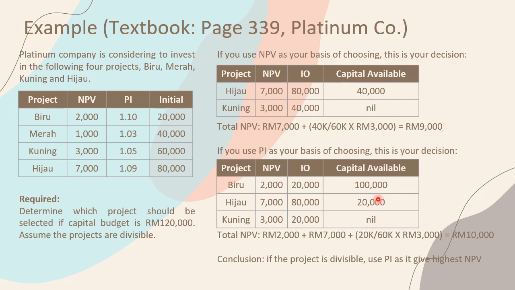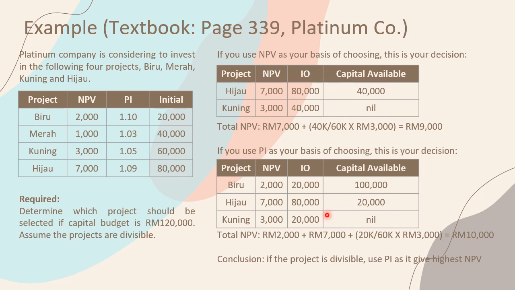Therefore, my available capital after I've taken the biru project is 100,000. So then I go to the next highest PI of the project, which is hijau, 1.09. So I take hijau, NPV of 7,000. Needed initial outlay is 80,000.